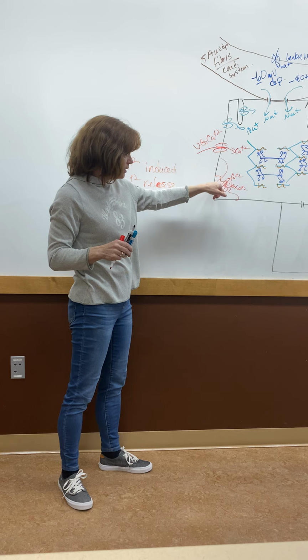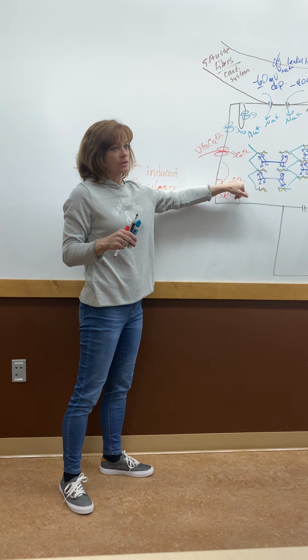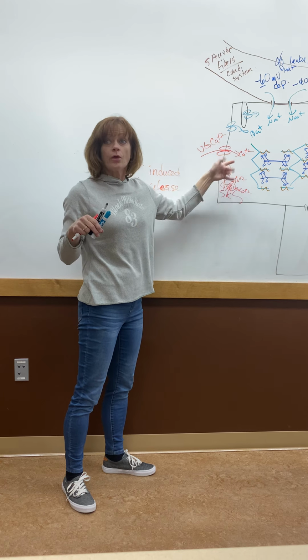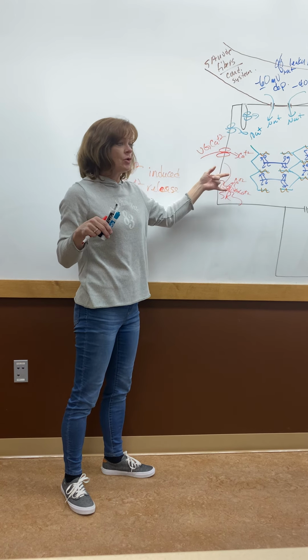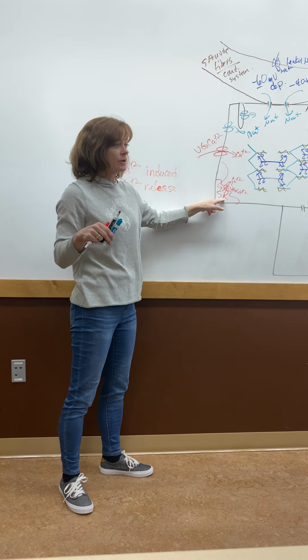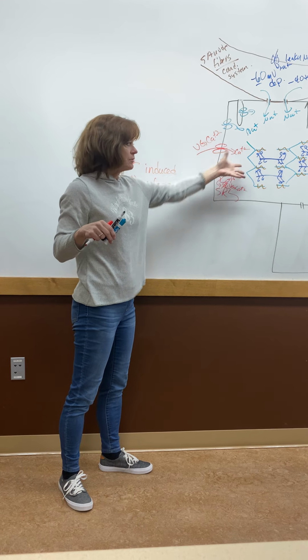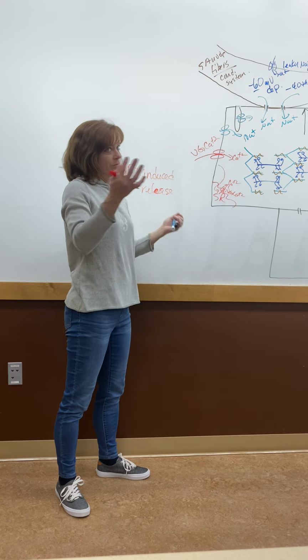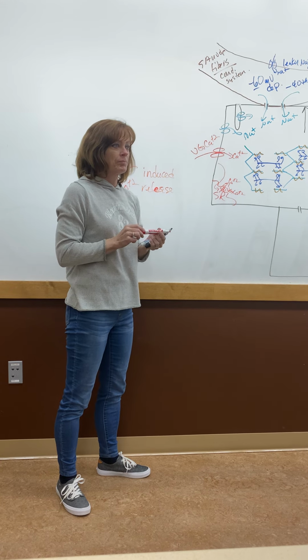They work together, because I told you, we don't have a ton of sarcoplasmic reticulum here. There's not enough calcium to do its job. What's calcium's job? Bind to the TT.